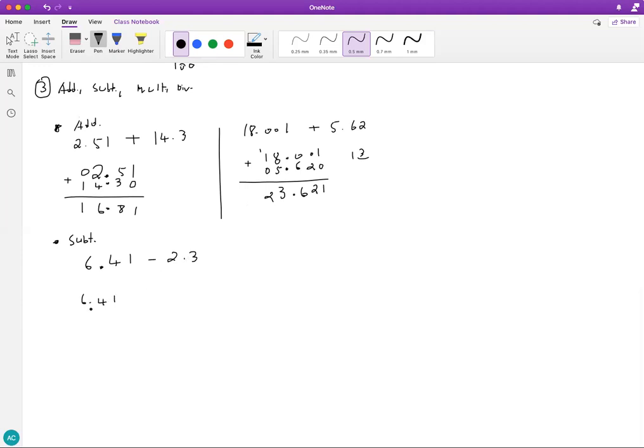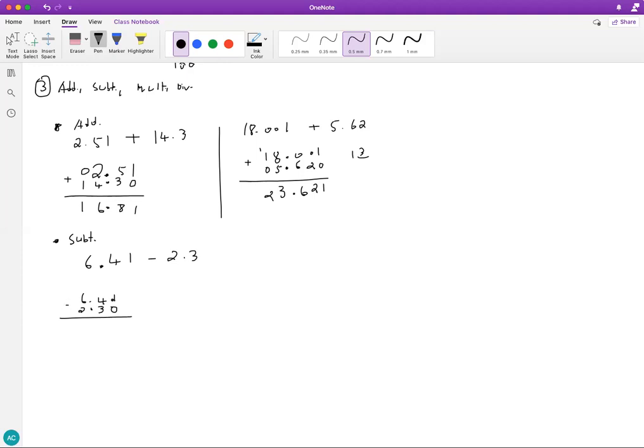Bring the other one, make sure the decimals are aligned, the ones together, the 10s, and so on. We have 3 here, but this doesn't have any digit here. It doesn't have the hundredths, but this one does have hundredths, so we need to fill up that gap with a 0. Then you start your subtraction.